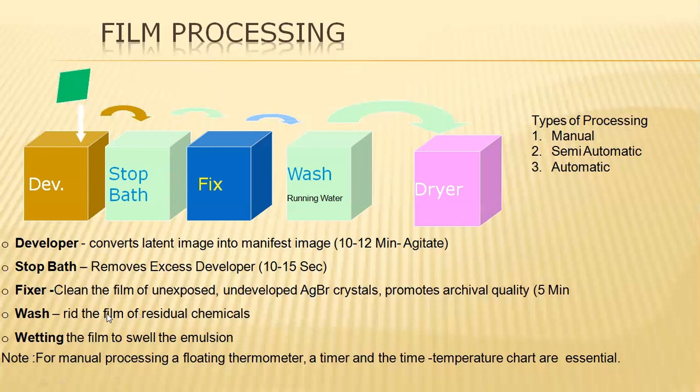And washing rids the film of residual chemicals, treating with chemical solutions, that too only the non-reactive solutions. And if reactive solutions are utilized, that should highlight the affected part. Wetting condition: the film swells in the emulsion.